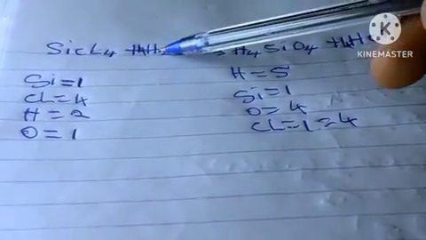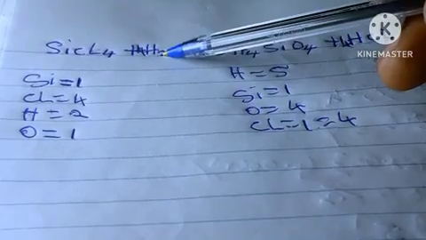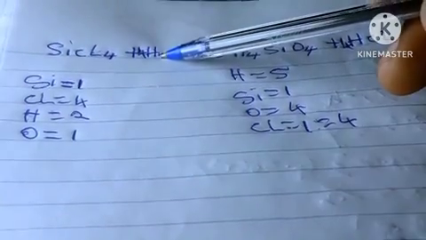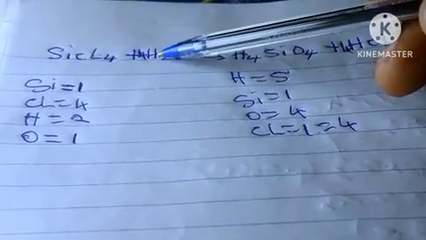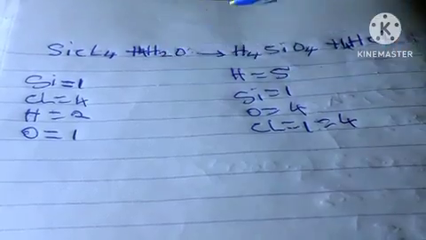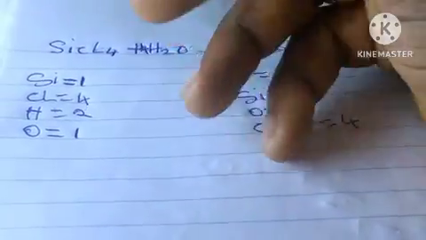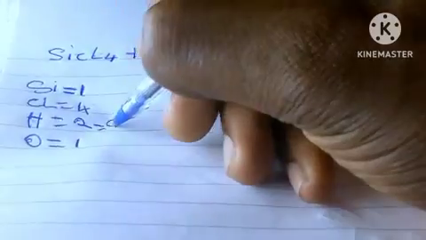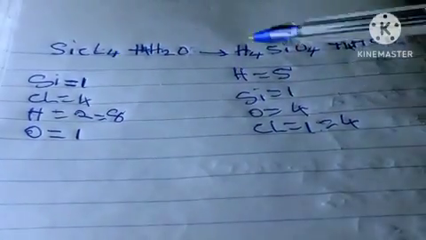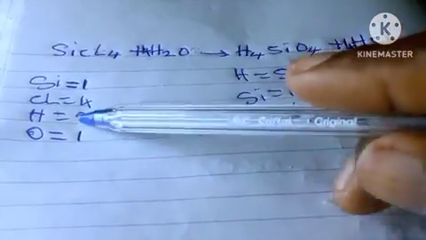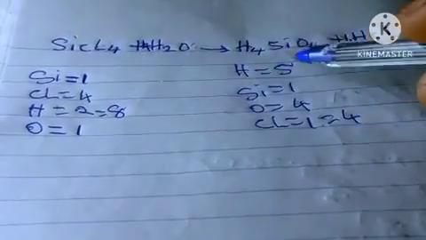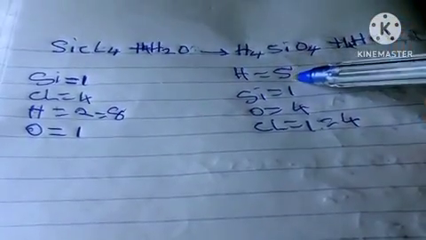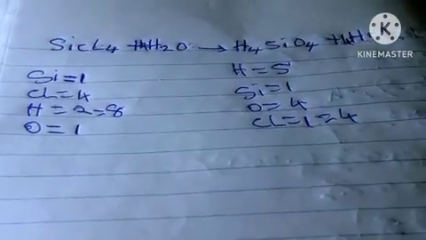So 4 multiplied by these 2 will give us 8. So hydrogen has 8 atoms at the left side, while the right side has only 5 atoms, meaning it's not yet balanced.